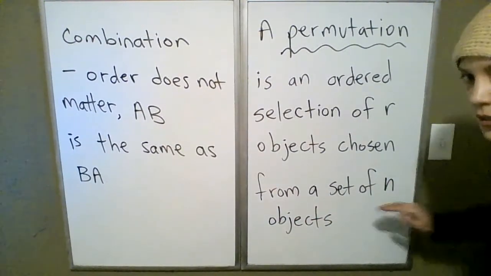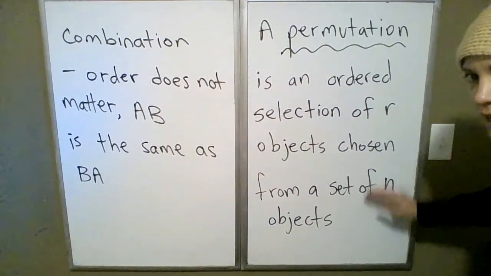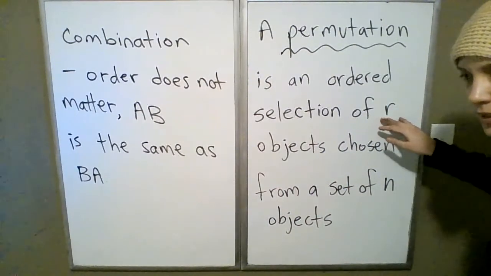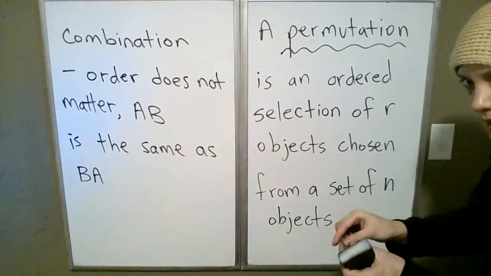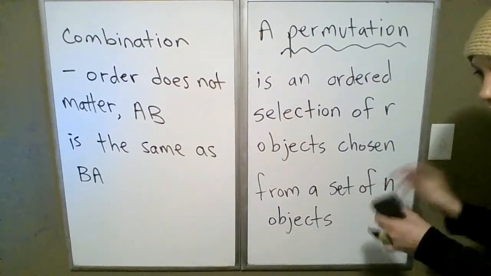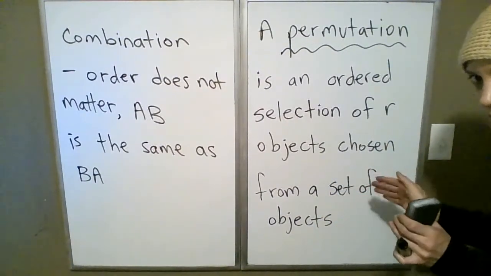Okay, so you have N total, and you want to choose R out of that set of N, and you are making that choice in order, like the first choice, then the second choice, then the third choice. It's specific.